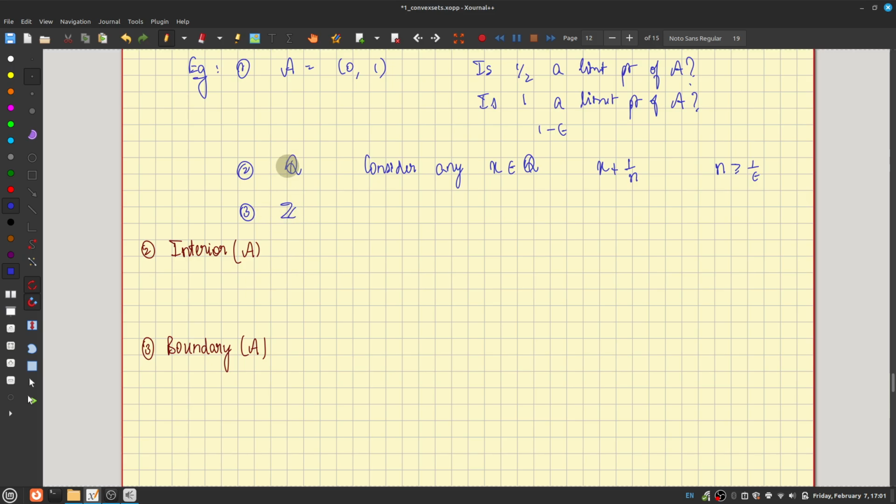Both Q and Z are countably infinite, but in this case, every point of Q is also a limit point of Q. But in this case, no point of Z is a limit point of Z. Right? Because they're kind of spaced apart. They're not close together in some sense. But in the sequence definition, every point of Z can become a limit.